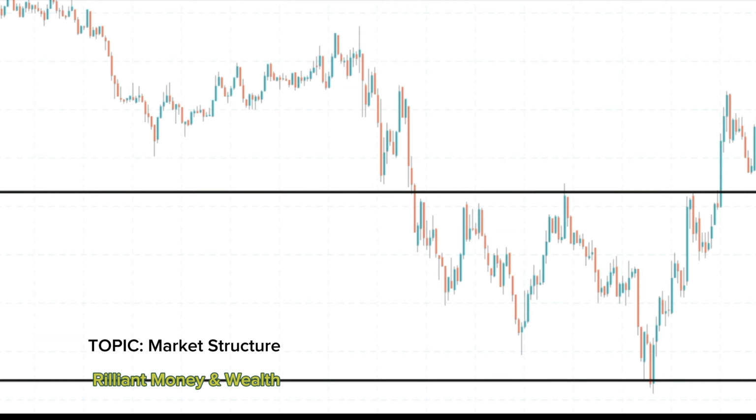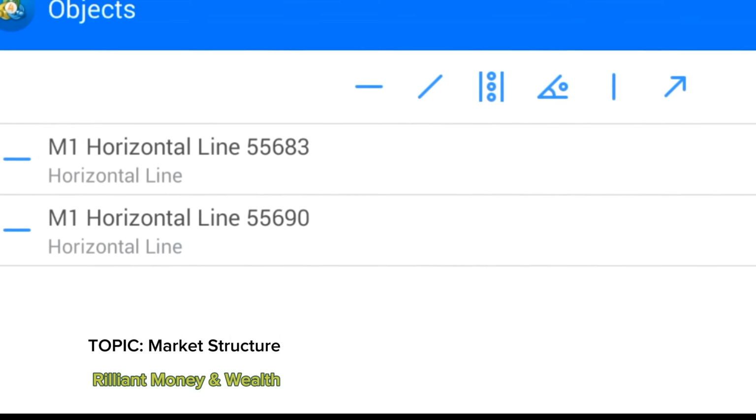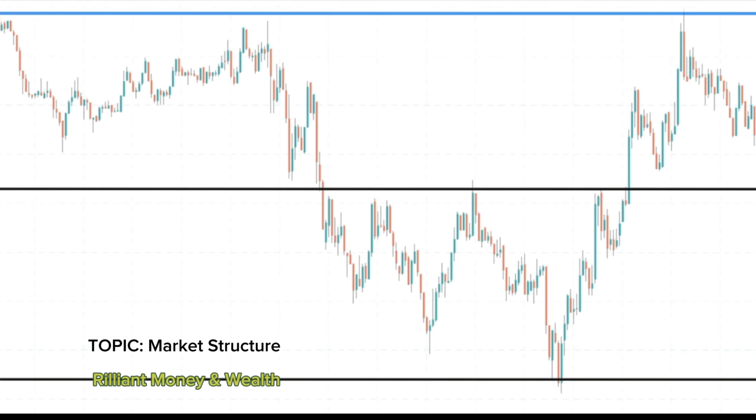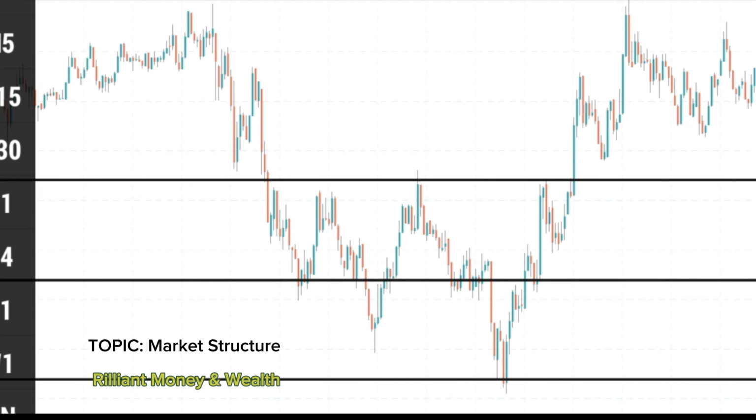And then what is a downtrend? So a downtrend market is a market that slopes from up to down. So a little bit I'll show you.